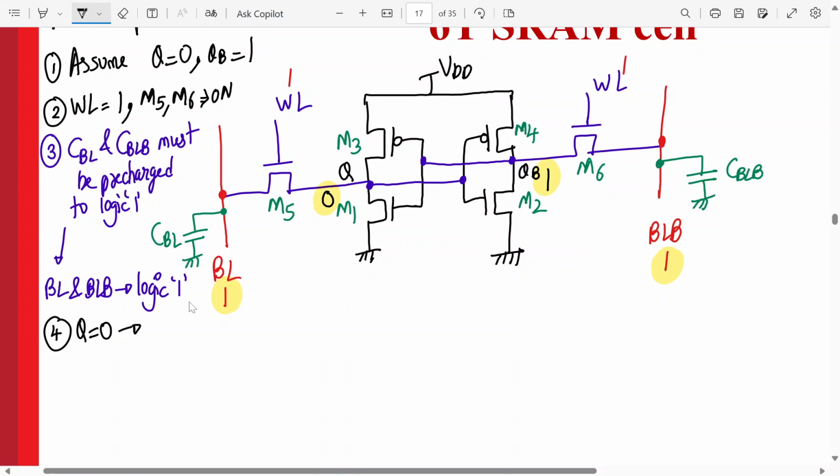Come on. Word line is 1, which means these two transistors are on. That is for sure. Now if Q is 0, which transistor is on? M3 or M1? M1, right? M1 is on, so this is on, which I'm marking in yellow color. M3 is off, right?